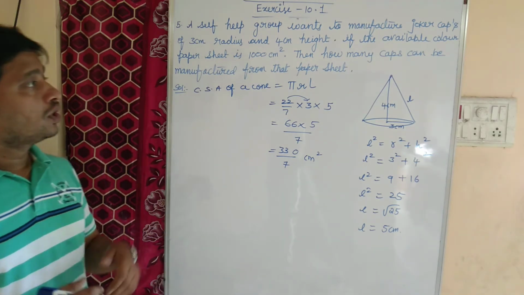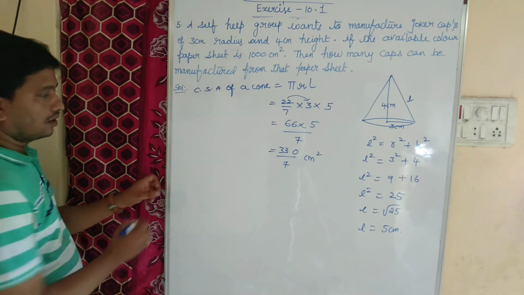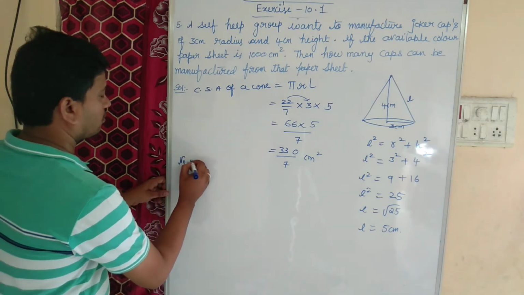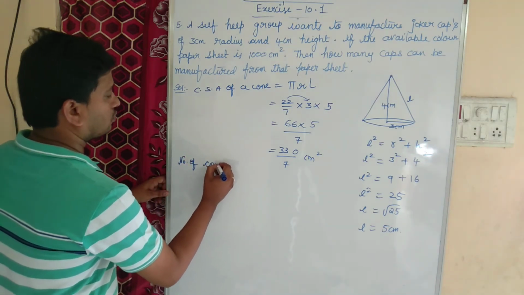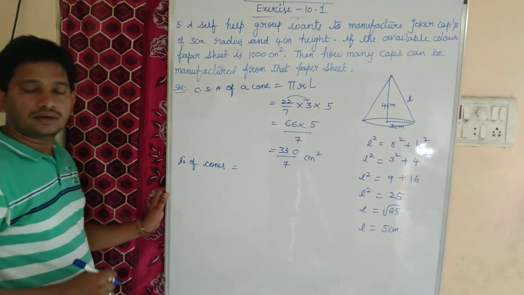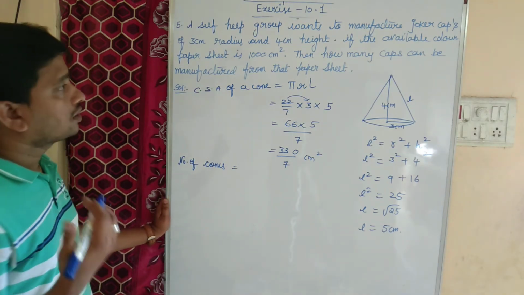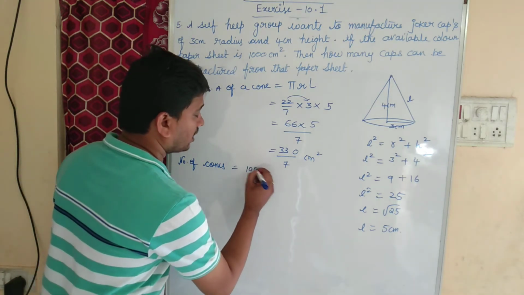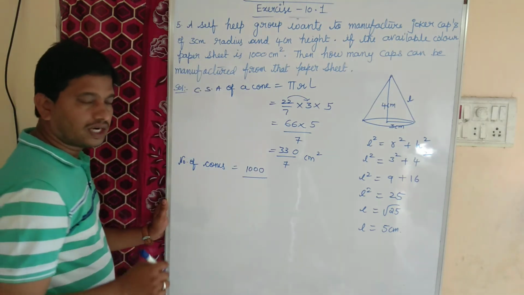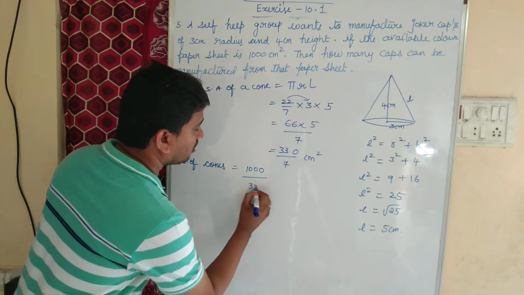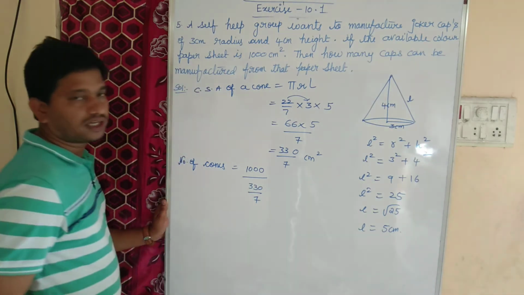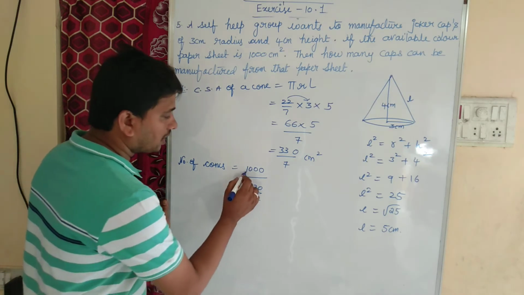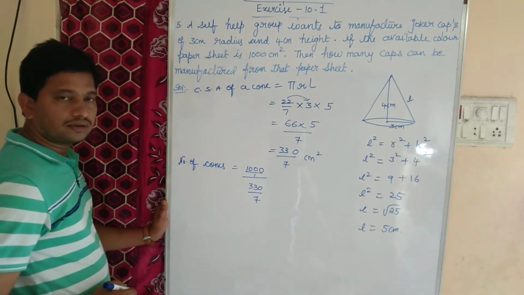So they are asking how many, right? The number of cones that we can prepare using 1000 square centimeter of paper sheet is equal to the total area 1000 divided by the area of sheet required for making one cap, which is 330 by 7. Here 1000, I can write as 1000 by 1.